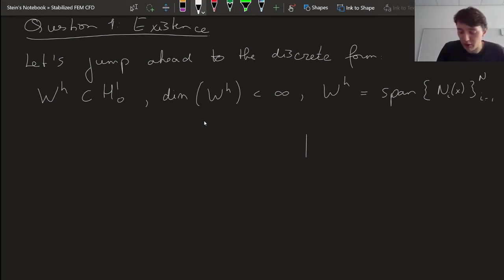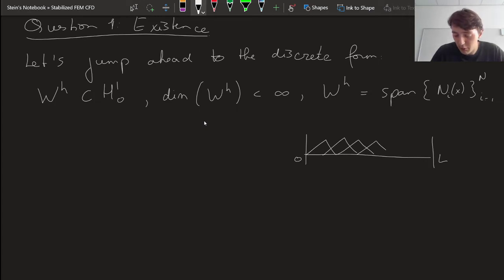Take a one-dimensional domain here for a quick example, running from 0 to L. With the finite element method we have these hat functions. If we have a higher order polynomial basis, then these might look a little different, but the idea is always the same. We have a set of basis functions.